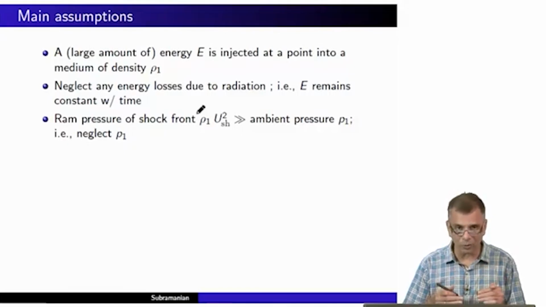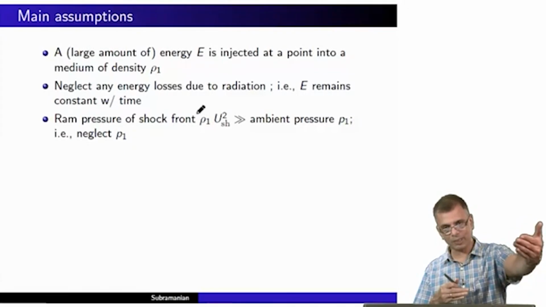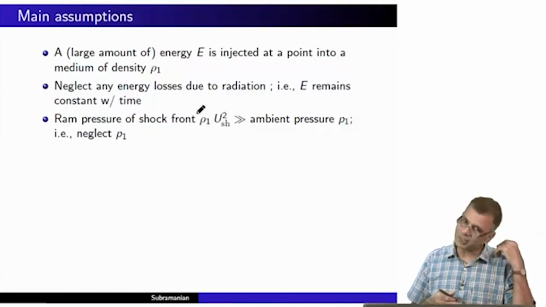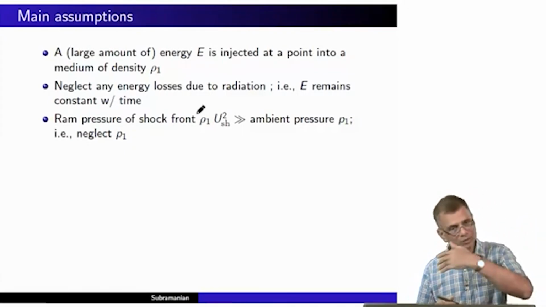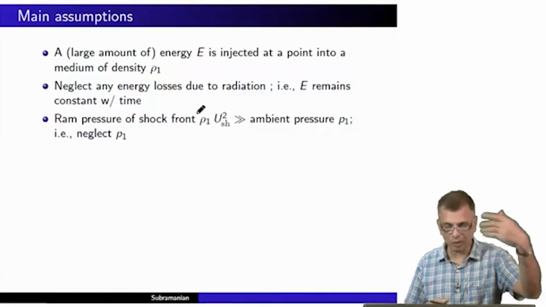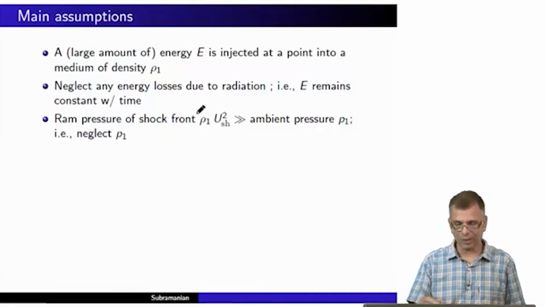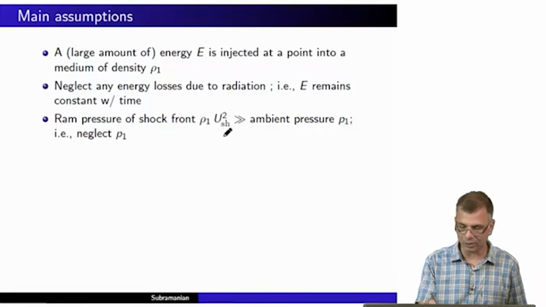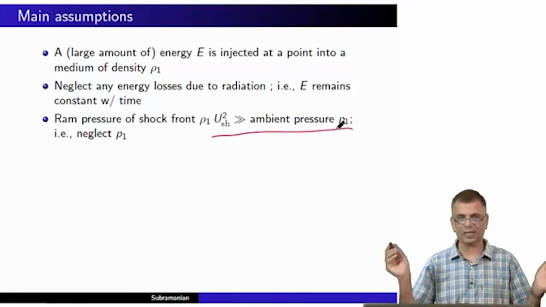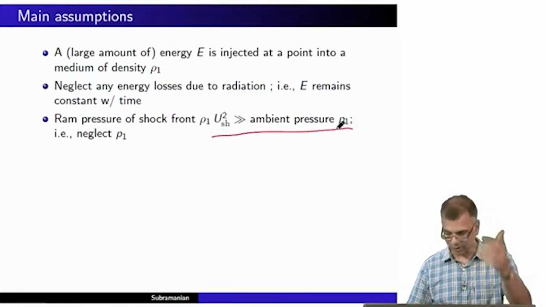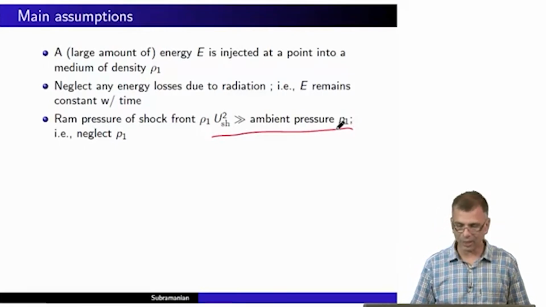So the rho v squared is much larger than the pressure outside. It really doesn't care about the pressure outside. It's almost as if there's a vacuum on the other side of the shock. So you just neglect the ambient pressure.